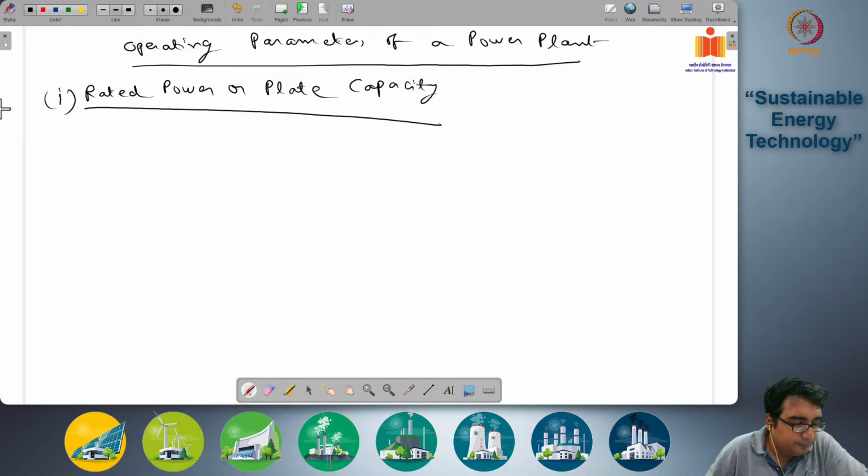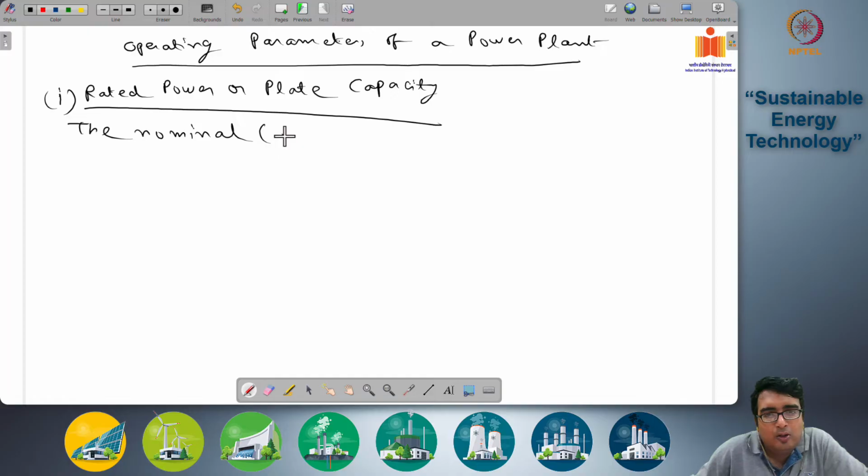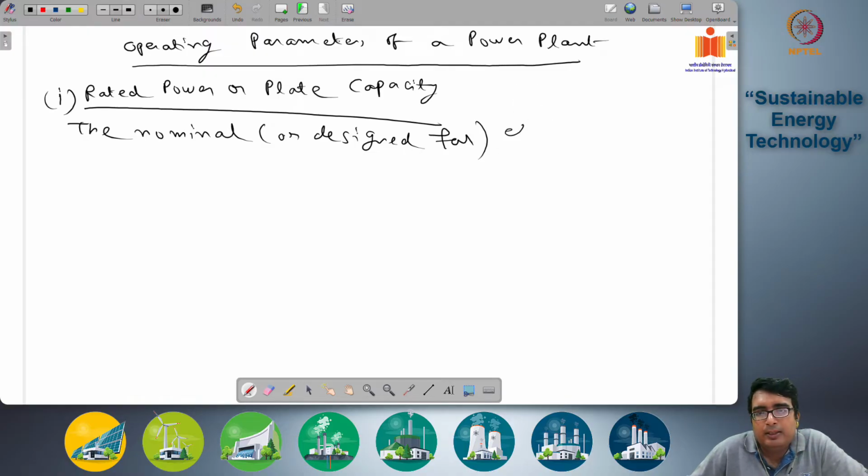This is the nominal or designed for electric power a plant may produce.